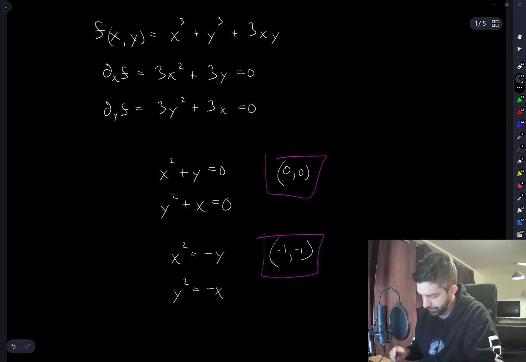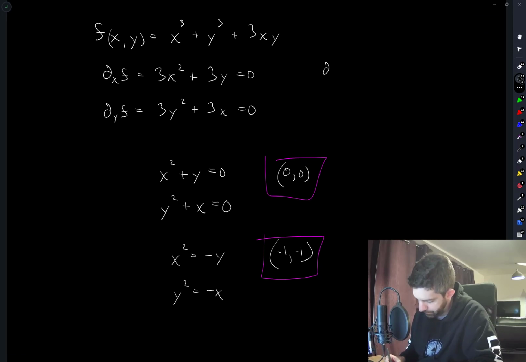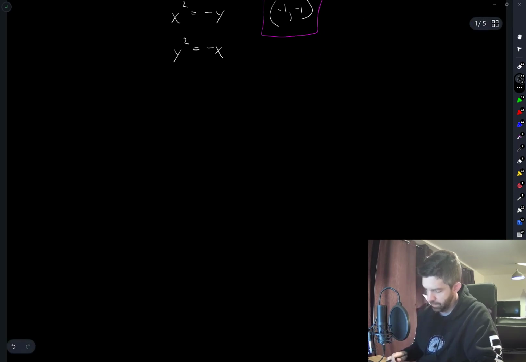So the second derivative in x is 6x, the second derivative in y is equal to 6y, and the mixed derivative is equal to 3.